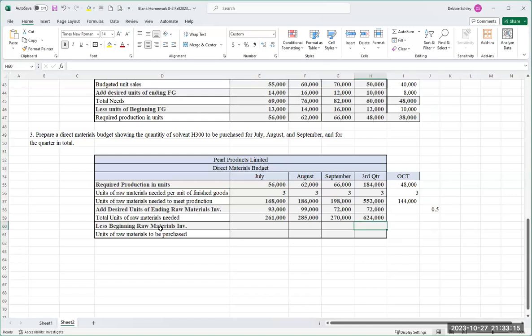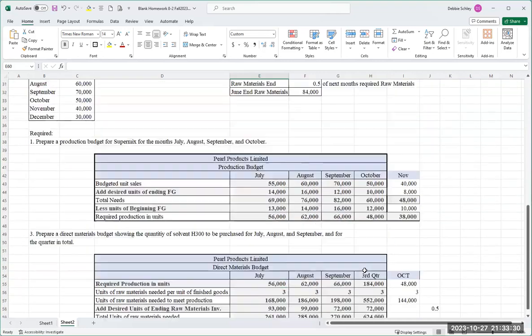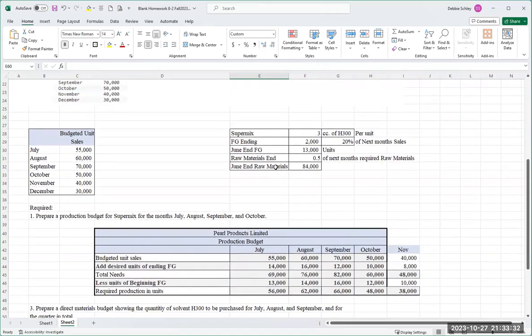Okay. Less beginning raw materials inventory. Where do I find July's beginning? Remember, beginning raw materials in July is equal to the ending June raw materials.